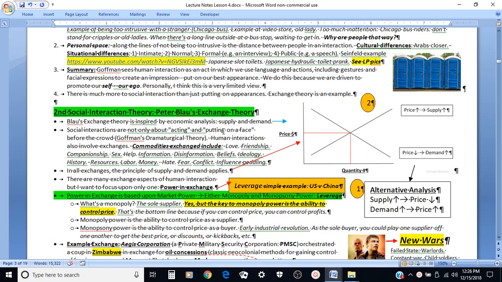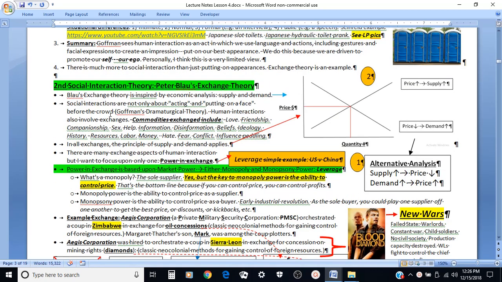Okay, a fundamental concept in economics, and the idea is social interactions are not only about acting, putting on a face, putting on an appearance before a crowd, as in Goffman's dramaturgical theory. Human interactions also involve exchanges.